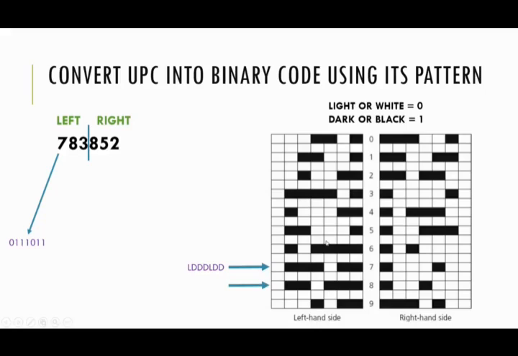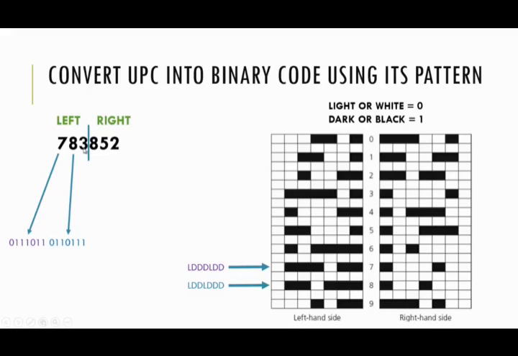Let's move on to the second number. The second number is 8 here, and this is the number 8 here. So we start from light, dark, dark, light, dark, dark, dark: L, double D, L, triple D, and then the binary equivalent of this would be 0110111.